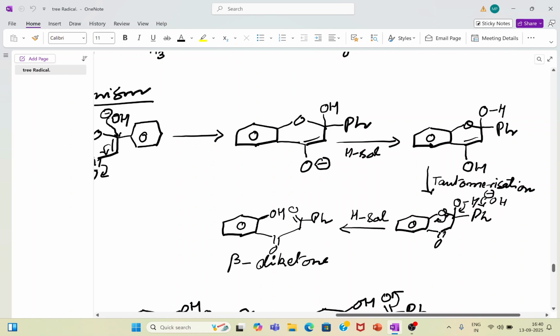And here, this OH group has the ring junction here. Therefore, it will undergo further degradation with the help of the OH. And this OH will attack over here, liberating 1 mole of water, and then it will give you again the beta diketone. Therefore, this beta diketone is formed in this way.